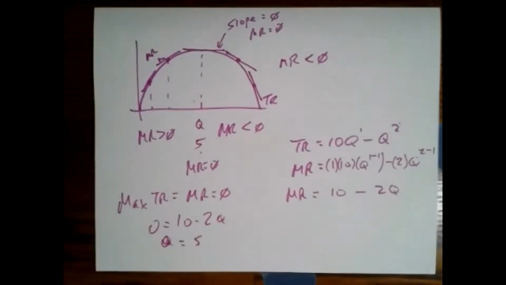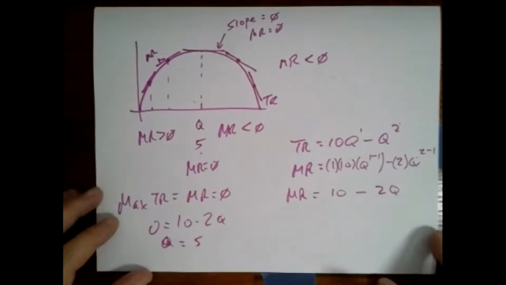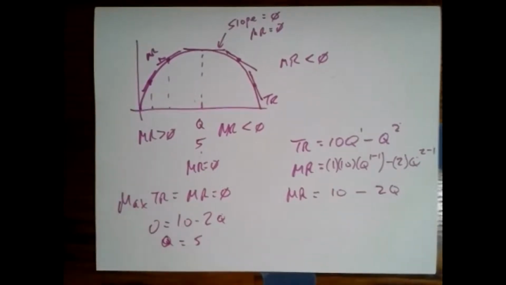So you're going to need to be able to find the marginal revenue, because we're kind of not done yet. We are interested in where total revenue is maximized, but what we're really interested in is where the monopolist actually makes their maximum profit, right?